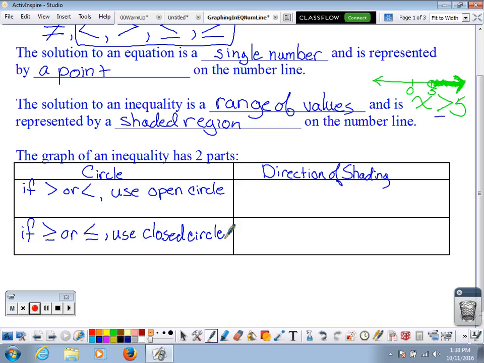So, if the inequality, and guys, just like I abbreviate equations, EQs, I'm going to abbreviate inequalities in EQ. If the inequality opens to the variable, meaning that the alligator's eating the variable, that means that the variable is the bigger number. And I need to shade where the bigger numbers are. So we'll shade to the right.